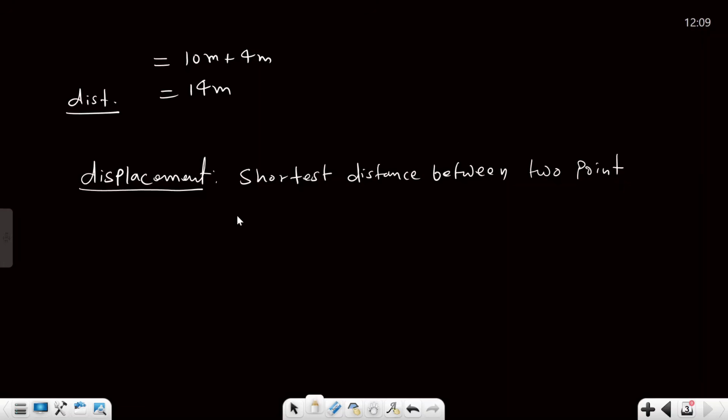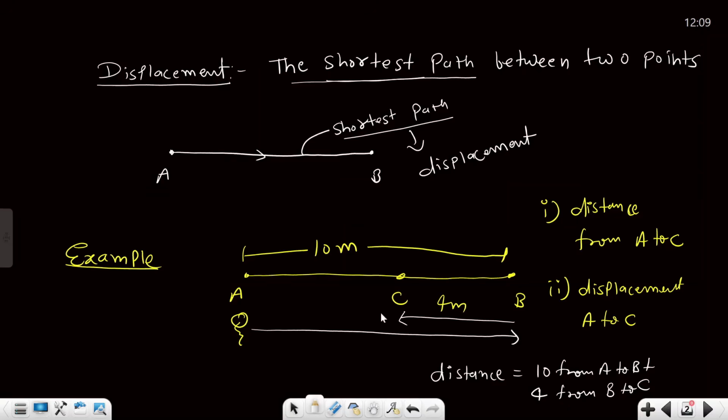Also we can say that final position minus initial position gives us displacement, right?